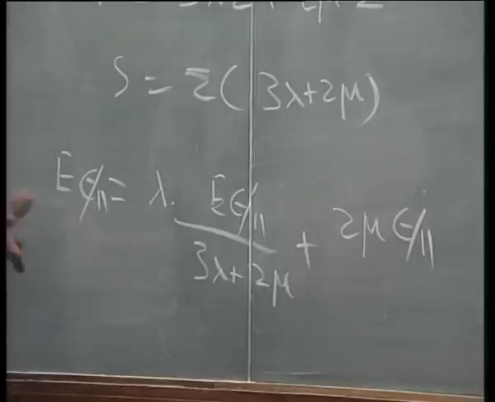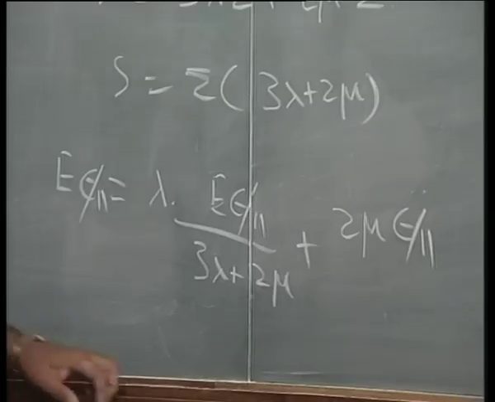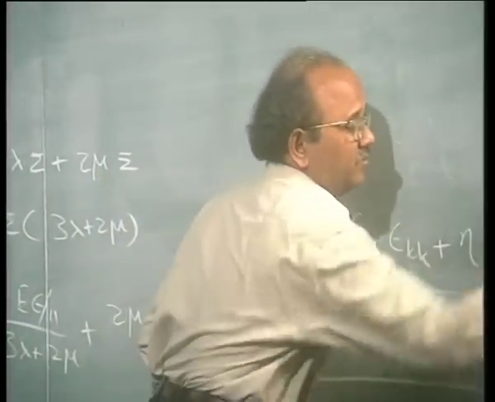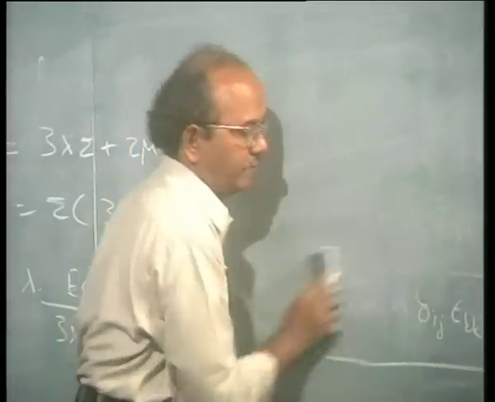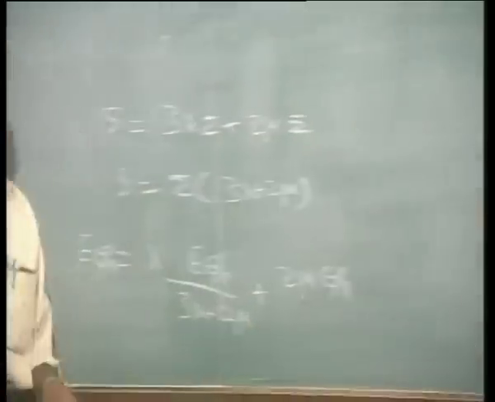So E into 3 lambda plus 2 mu. Okay. I will give you a minute to work it out.